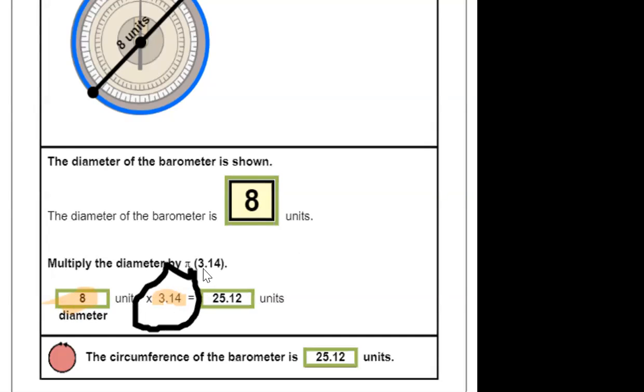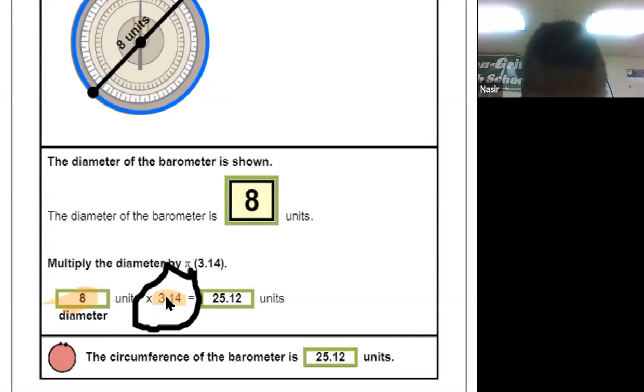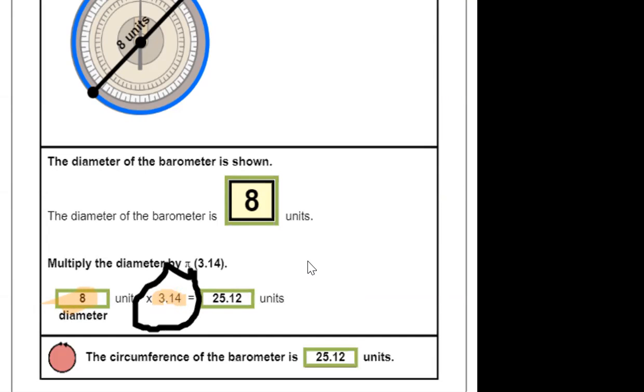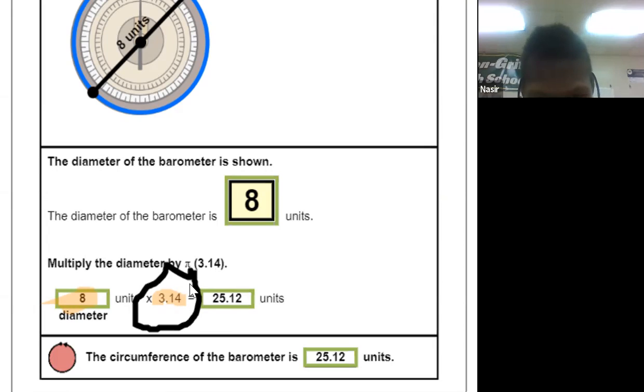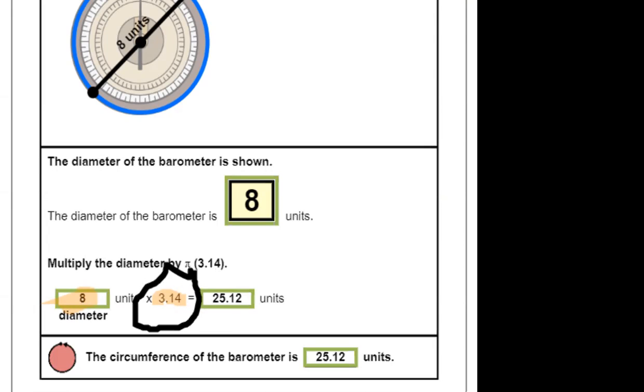To calculate circumference, you multiply the diameter by 3.14. That's pi. That number is always going to stay the same to calculate circumference.